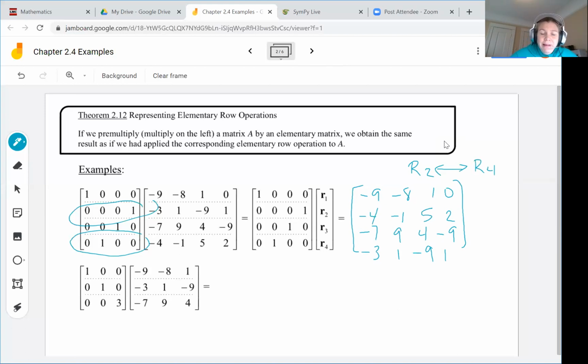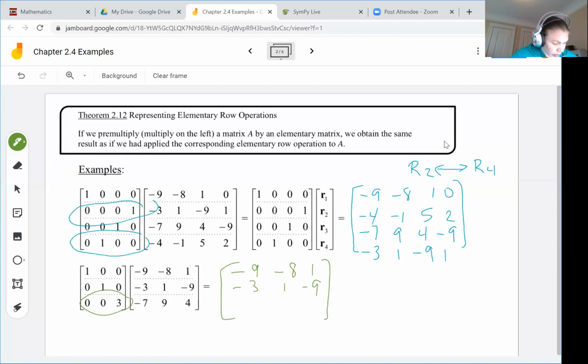What's going to happen in the next example? Well, we see down here in row 3, in place of 1, we have a 3. So that is going to replace row 3 with triple, or 3 times the values of row 3. So this multiplication works out to be -9, -8, 1. The first row is unchanged. The second row is unchanged.